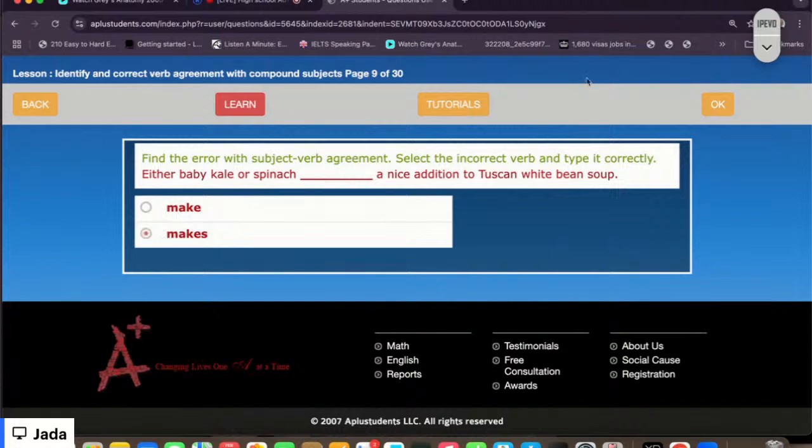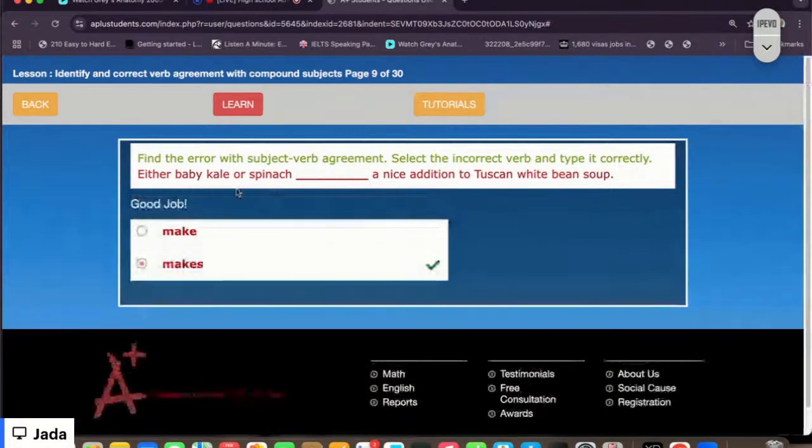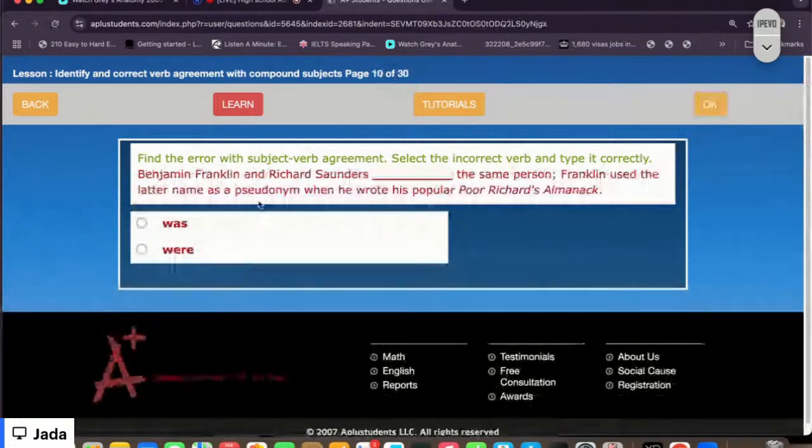So makes. Okay, because spinach is singular.